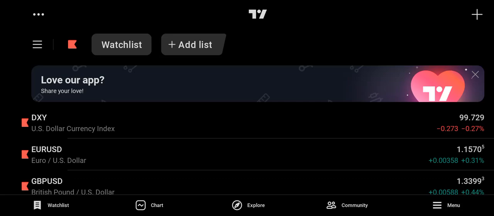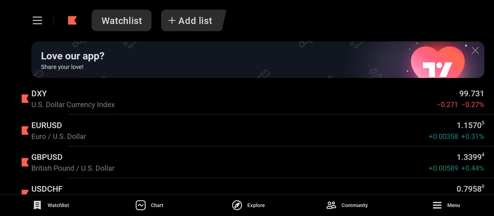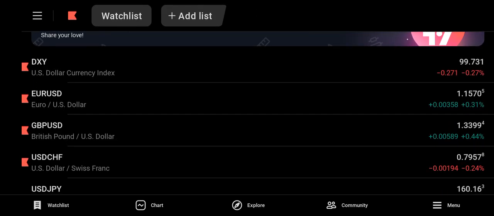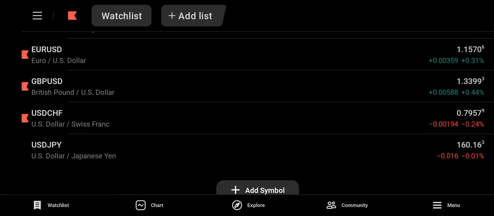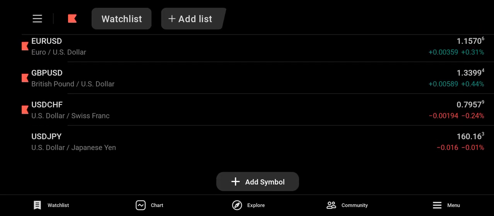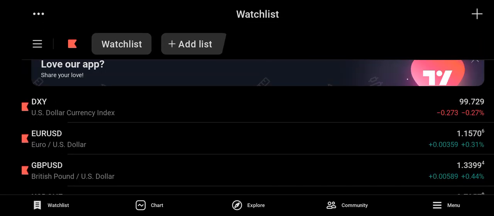So I'm currently into two trades in Euro USD and GBP USD and USD Swiss, and we'll just look at what and how we could have traded on that, and what are the pairs that we can look onto, and how can we trade.